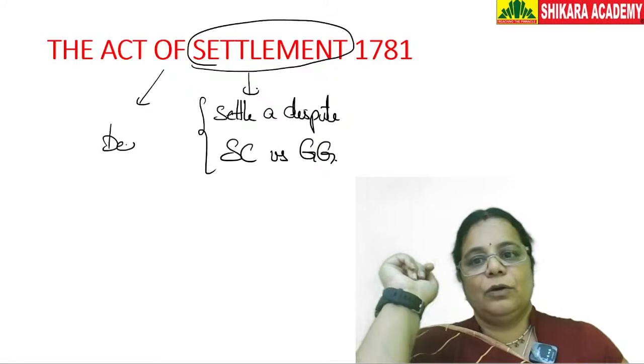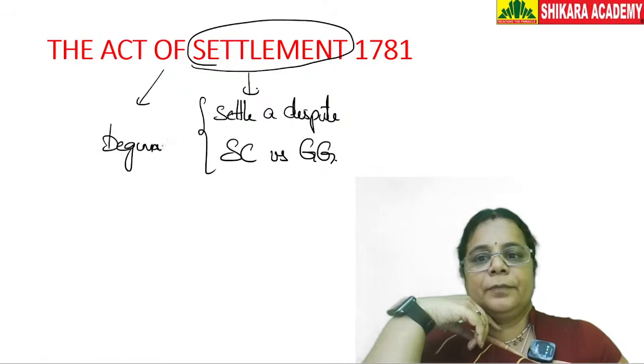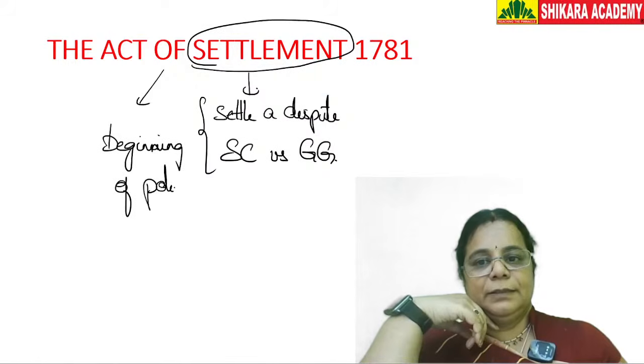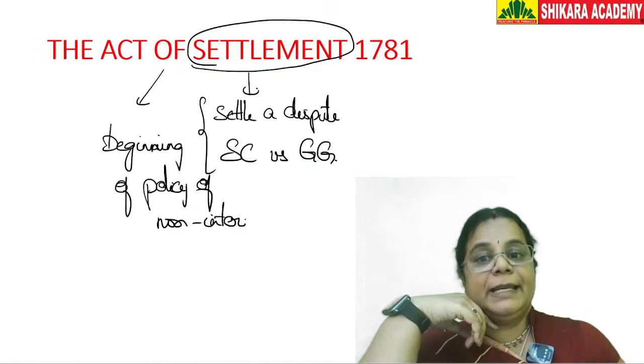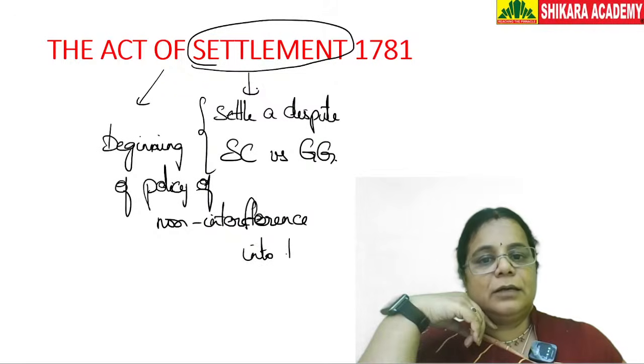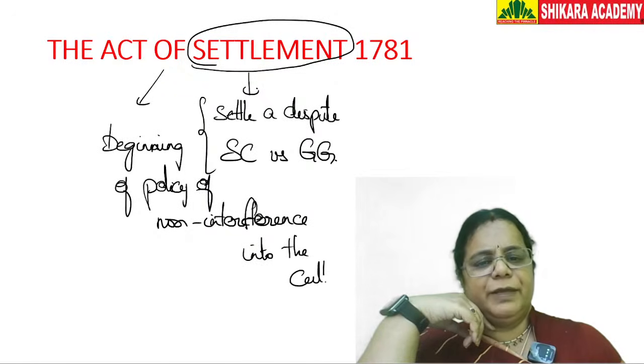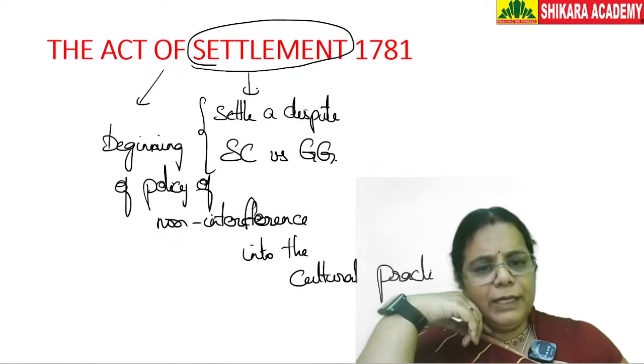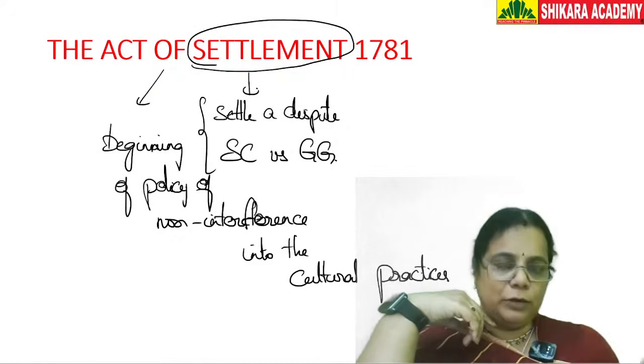It marked the beginning of the policy of non-interference of the Britishers in the cultural practices of India. Very, very important. This is the only important point according to me from a polity perspective.